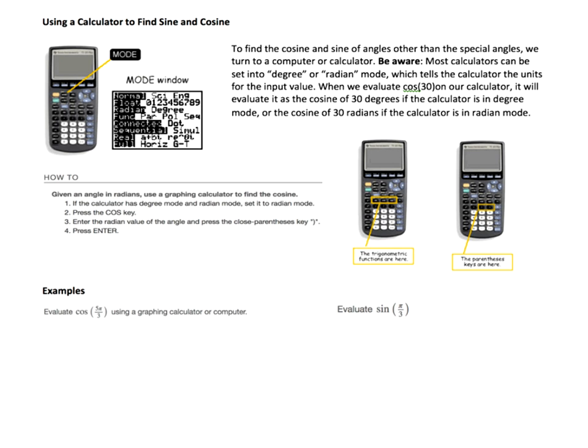So, how do we use our calculators to find sine and cosine? Well, you have a button on your calculator that says sine, and you have a button that says cosine. So it's just a matter of hitting that button and typing in the angle that you're wanting to take the sine or the cosine of and hitting enter.